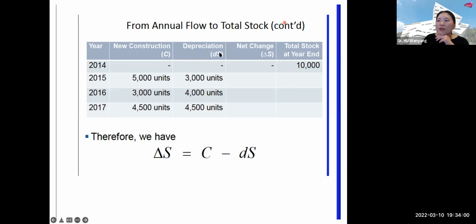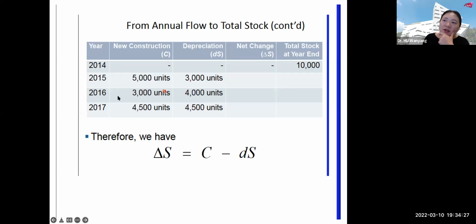So, a simplified version. I don't think I have time to do the calculation, but I think it's very simple. For example, in 2015, for new construction, you constructed 5,000 units. But if we do the calculation, we have 3,000 units depreciated. So in this case, for the net change, we use the new construction minus the depreciated housing units, and then we get the net change.